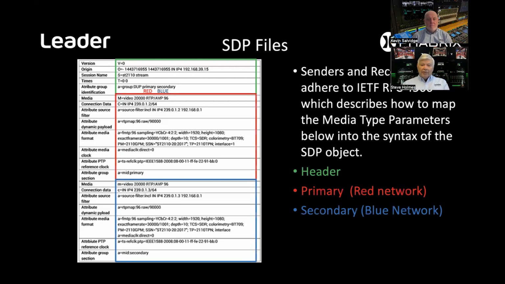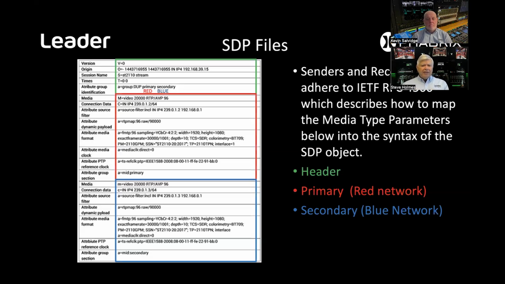One quick note is on that DUP. In this case, it says primary, secondary. It can say anything in there. I've actually made them say red and blue, and as long as that's what's indicated at the bottom of the red or at the bottom of the blue, as long as it's the same notation, it works perfectly.